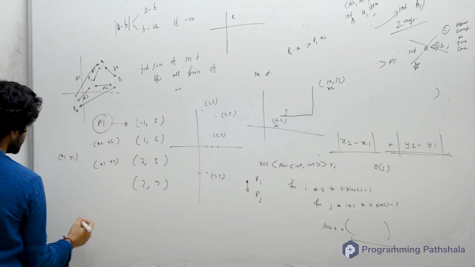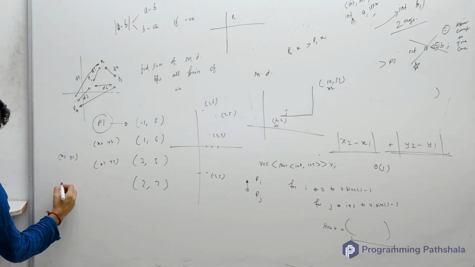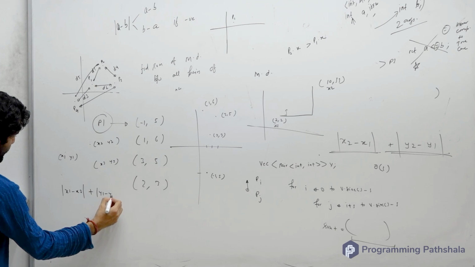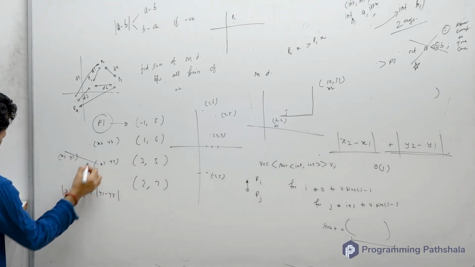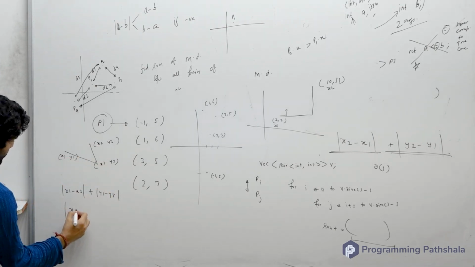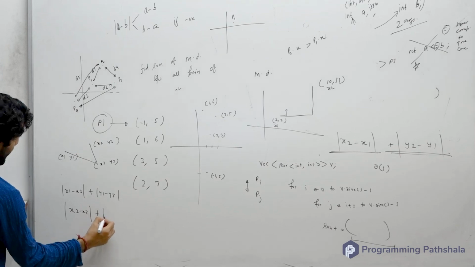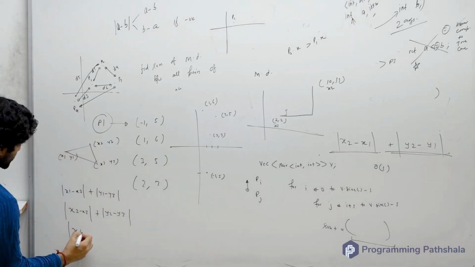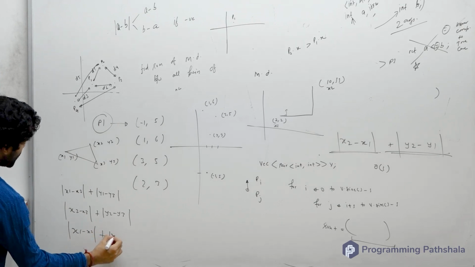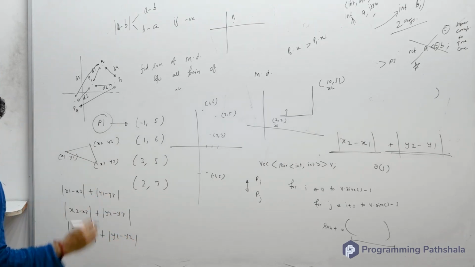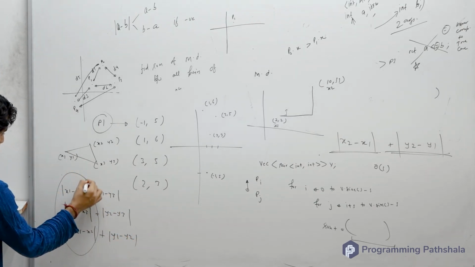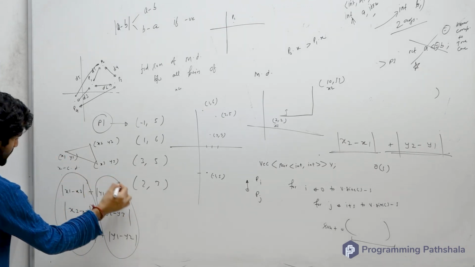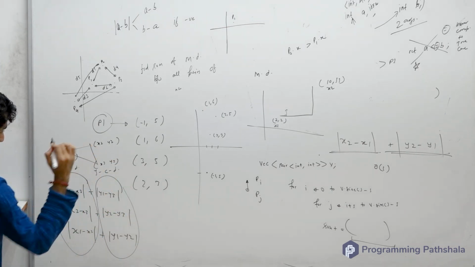First you will have the distance between these pairs, which is mod of x1 minus x3 plus mod of y1 minus y3, and then the distance between this pair, which is mod of x2 minus x3 and mod of y2 minus y3, and then this one, which is mod of x1 minus x2 and mod of y1 minus y2. What I was trying to say was that these are x coordinate distances and these are y coordinate distances.